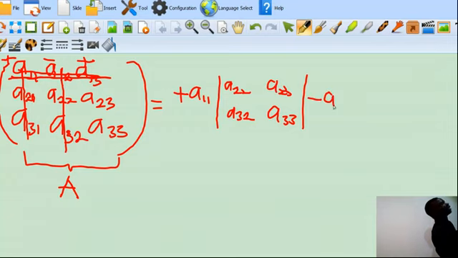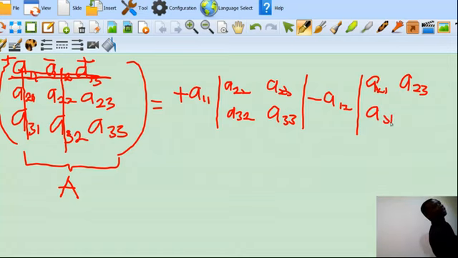Do not forget the sign for A12, and you are going to be left with A21, A31, A23, and A33.